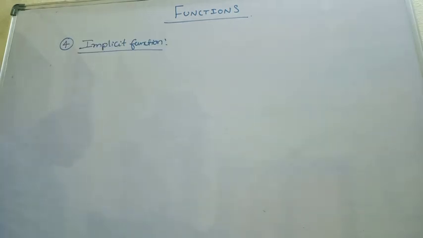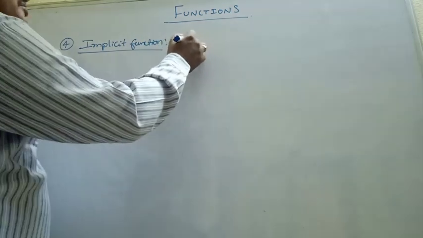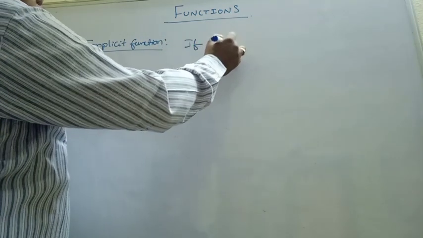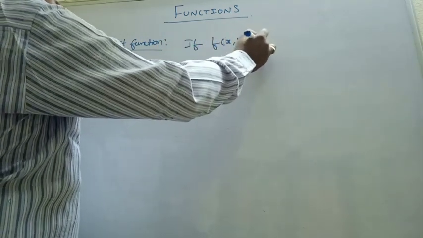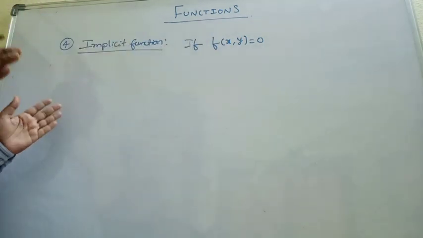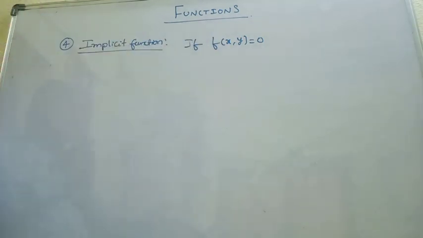An implicit function means a function which is in the form f of x comma y is equal to 0. The function involves both the variables x and y together. Such a function you call an implicit function. This is an equation in two variables x and y, and then y is called an implicit function of x.